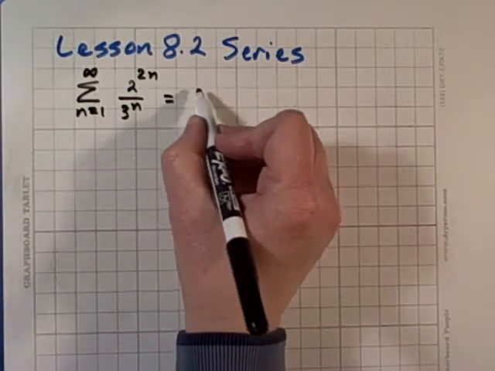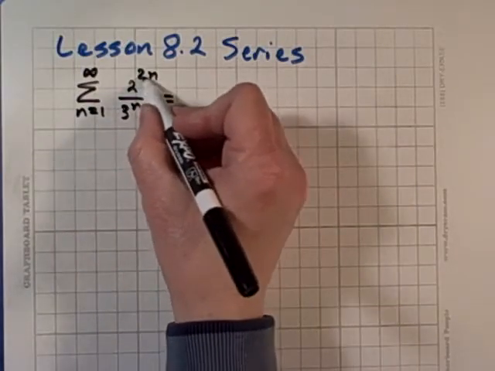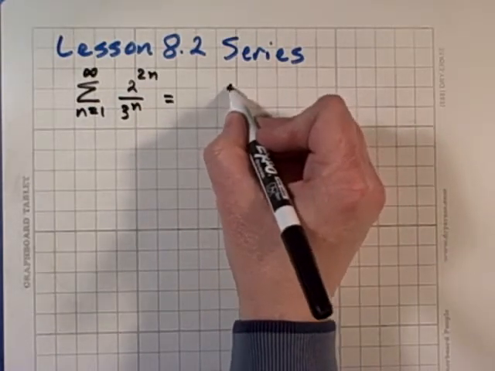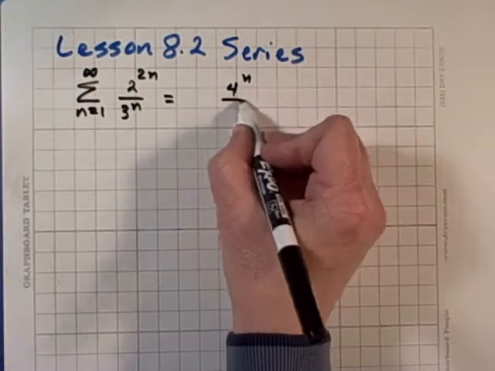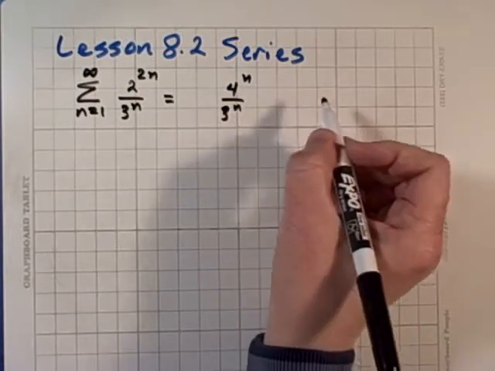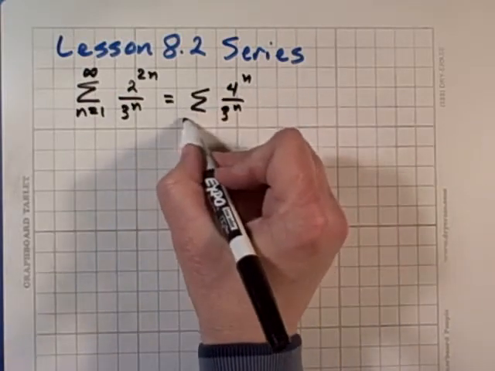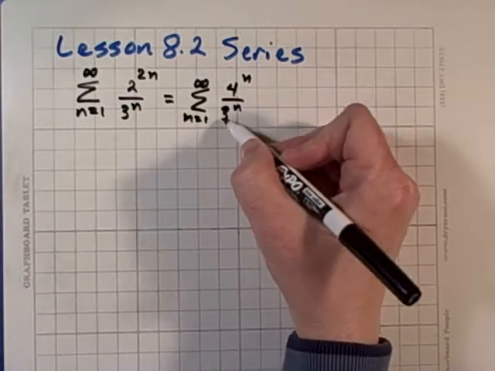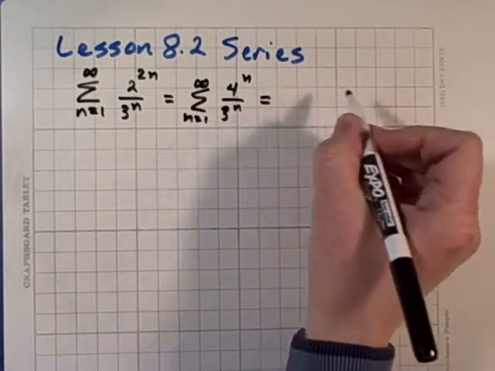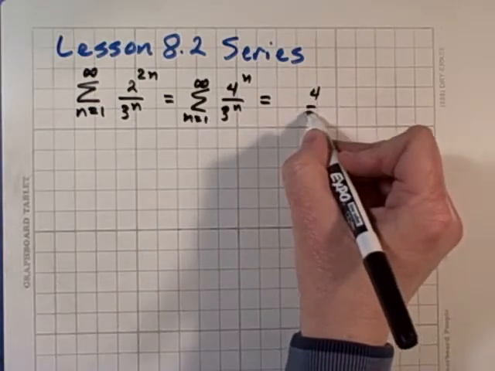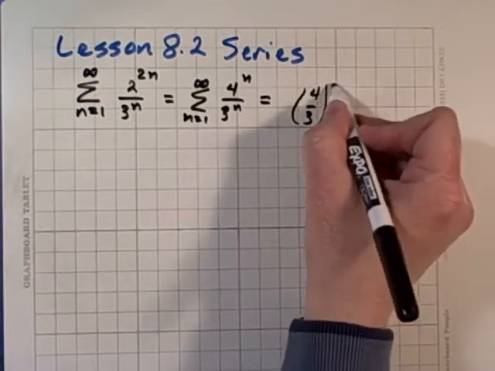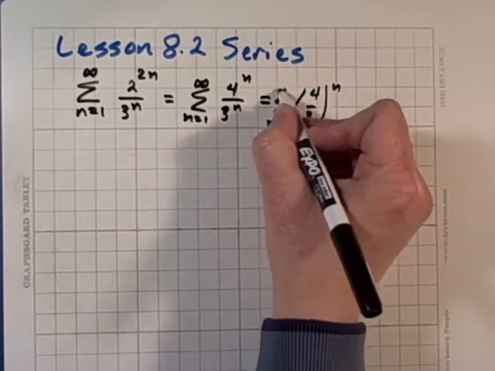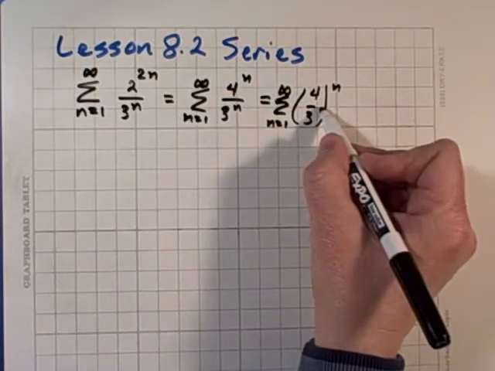You may recognize that 2 to the 2n is 2 to the second to the n, so it's 4 to the n, and the denominator is 3 to the n, and if we recognize that we can write that as 4/3 to the n, the common ratio would be bigger than 1.